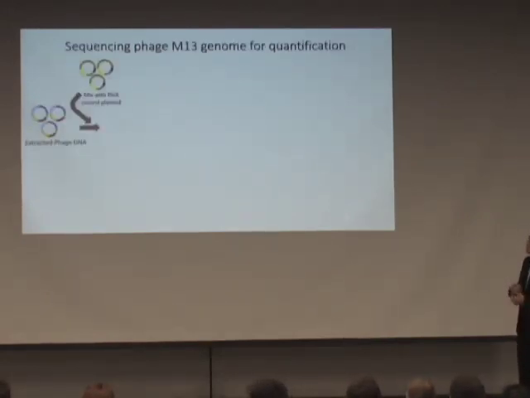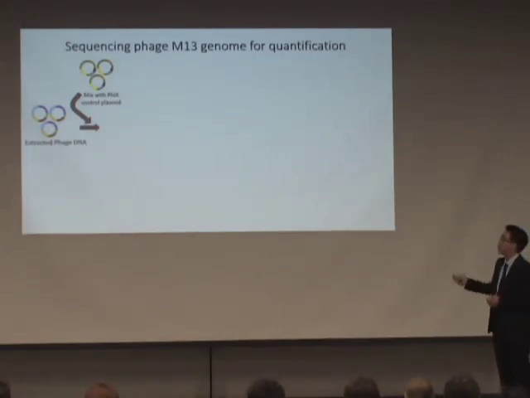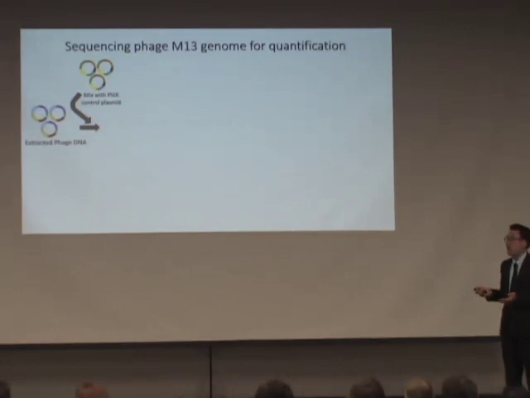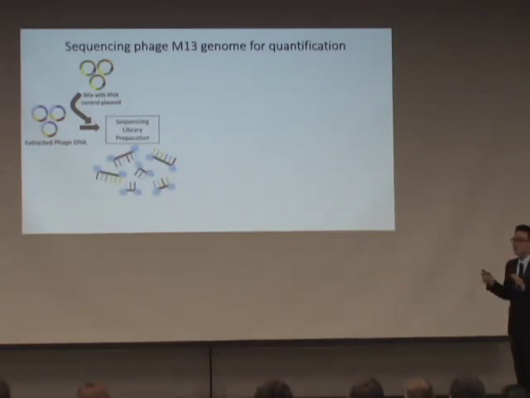So when we have our extracted phage DNA, we will mix it with a 5X control plasmid, which has been known to have no overlapping sequences with M13KE DNA. And that will give us the ratio to compare it to at the end when we get our quantification data.